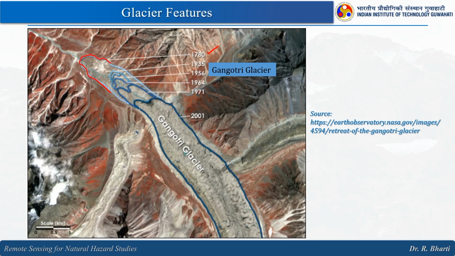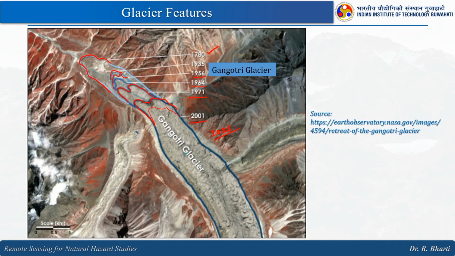Then in 1935 it shrunk and it is here. Then in 1956 we have this snout. Then in 1964 it is here, in 1971 it is here, then in 2001 it is currently here. And maybe in 2025, I do not have the actual data, but probably it is again shrinking. You can see how the snouts are changing with time because of the change in climatic conditions.